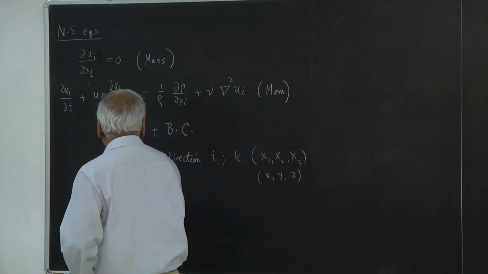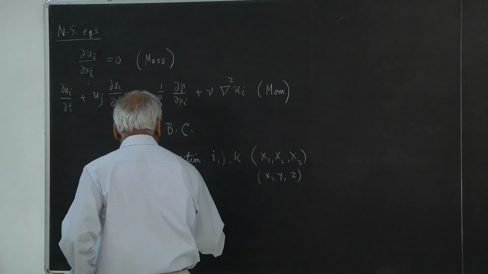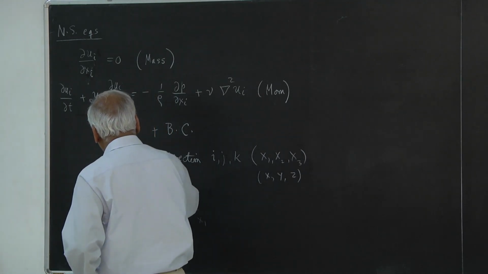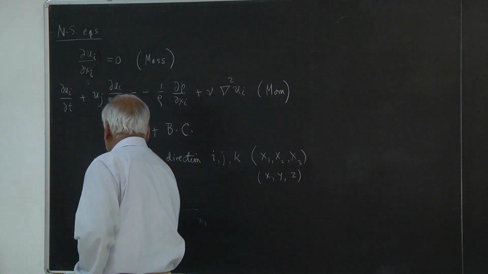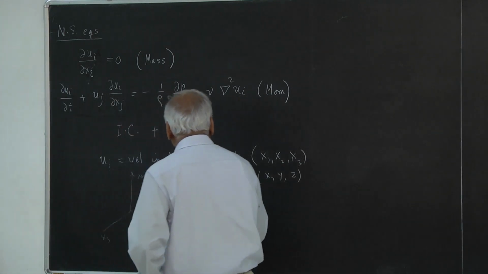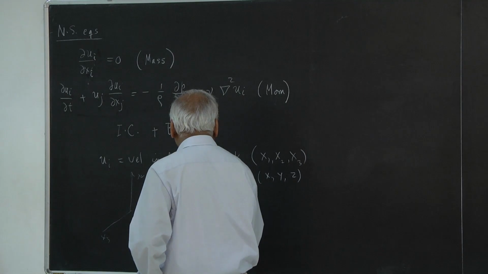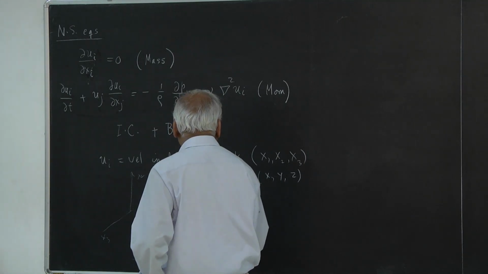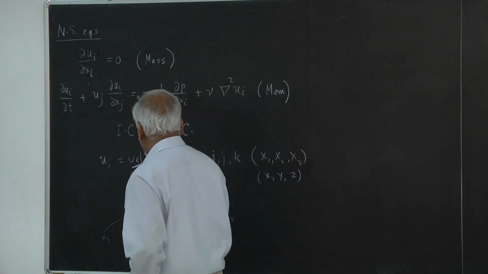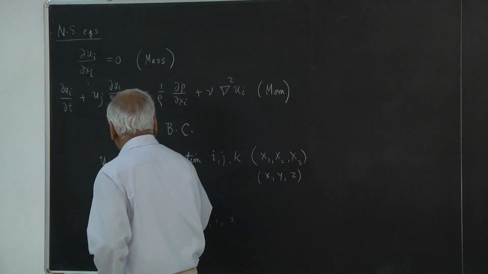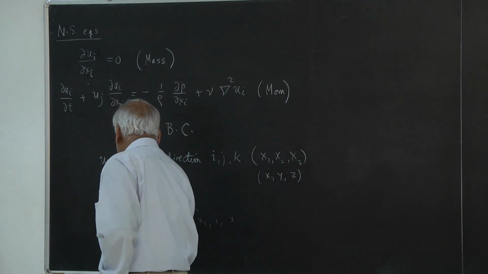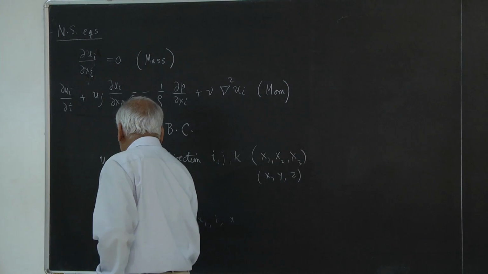So I have a coordinate system like that, x1, x2, and x3, or this would be the ith direction, or the x direction, as you might call it, j and y, and this is k and z.